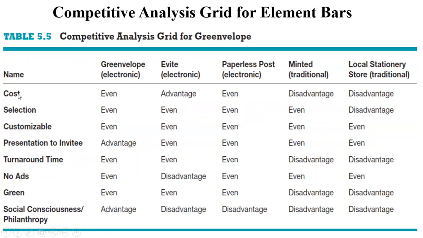So in terms of the cost of the products, Greenvelope observed that it was operating at an even pace with Paperless, but it had an advantage over Evite, even though Evite was also an electronic-based firm, and it was disadvantaged against Minted and local stationery shops, perhaps because they were doing it the traditional way, and so they were able to directly interact and intercommunicate with their customers.